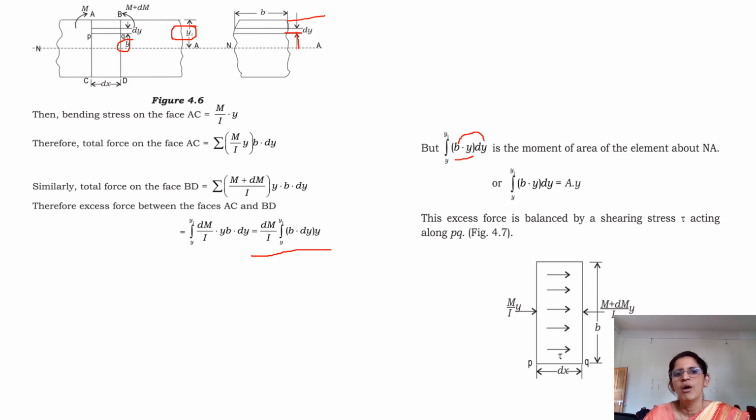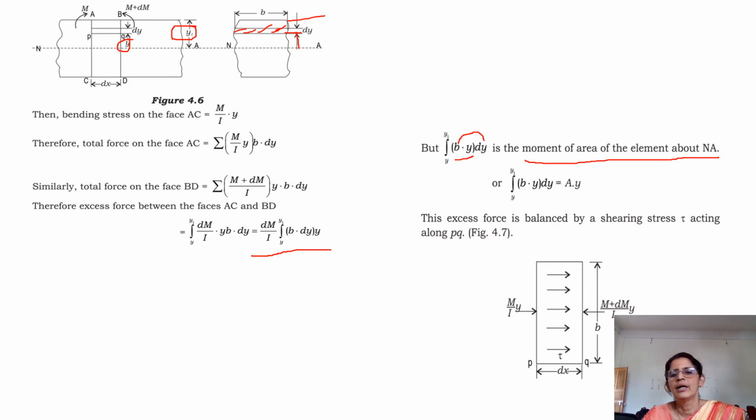So you are taking the moment of this particular elemental area about the neutral axis. So b into dy into y is the moment of the area of the element about the neutral axis.